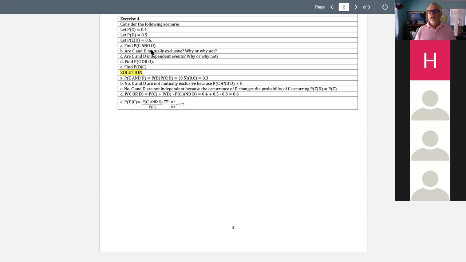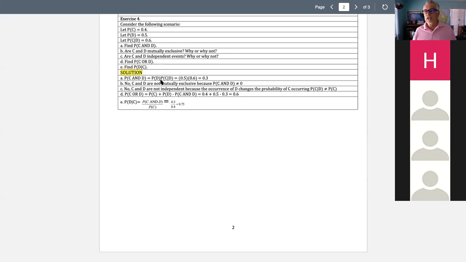So let's first find the probability of C and D. And here is the multiplicative property. The probability of C and D is the probability of D times the probability of C given D. That's a theorem in probability theory.